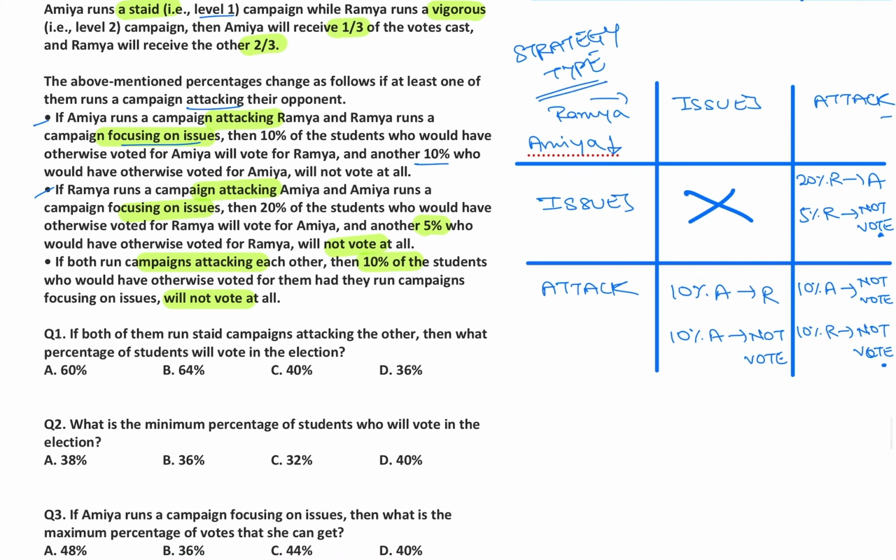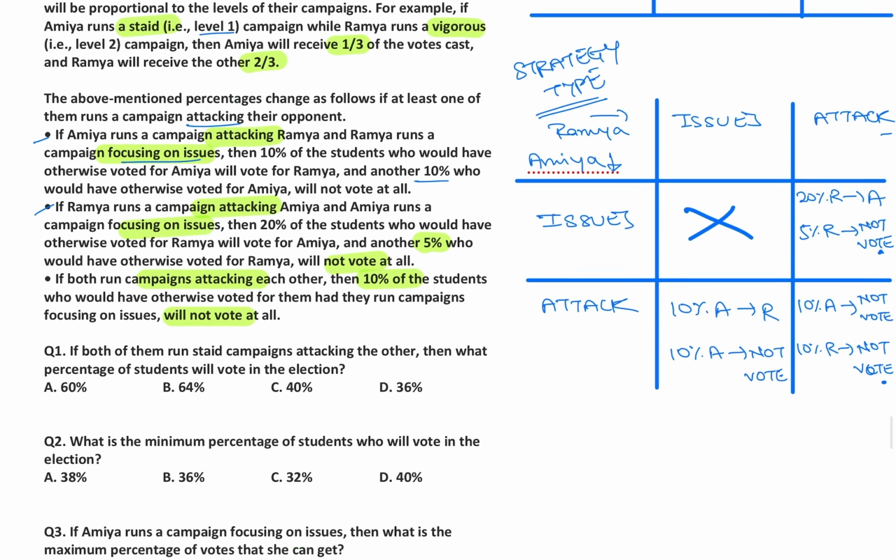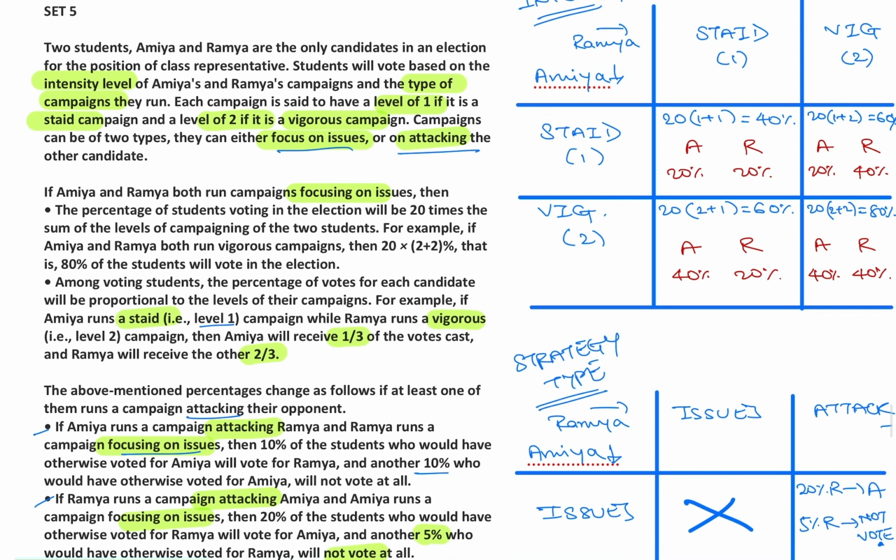Now let's move on to the questions and try to solve them. The first question says, if both of them run staged campaigns attacking the other, then what percentage of students will vote in the election? Okay, so both of them are running staged campaigns, so this is the data that I have for that.